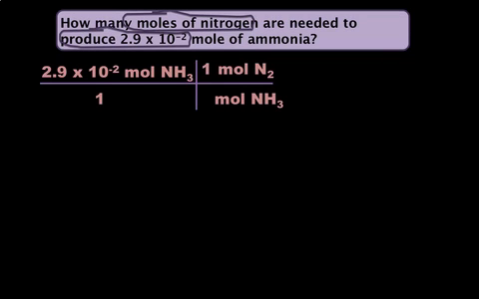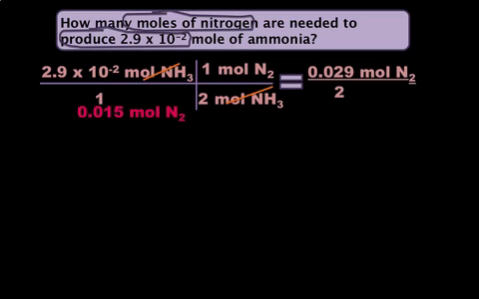There was nothing in front of nitrogen, which means 1, and there was a 2 in front of ammonia. My moles of ammonia cancel out. I'm at moles of nitrogen, which is what I wanted for my unknown. So now I multiply. 2.9 times 10 to the negative 2 becomes 0.029 over 2. I divide and I get 0.015.